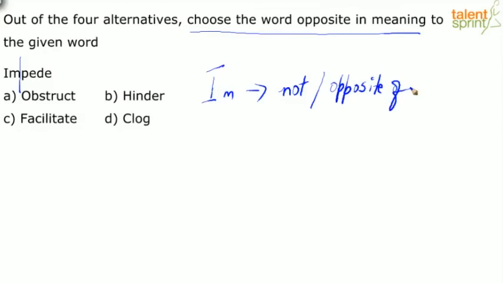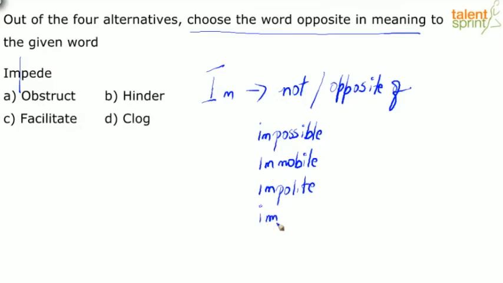I want you to think of words again. Couple of words, just to give you an example. Impossible, opposite of possible. Immobile, opposite of mobile. Impolite, you can also come up with words. Opposite of polite.